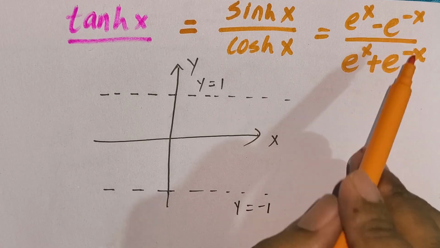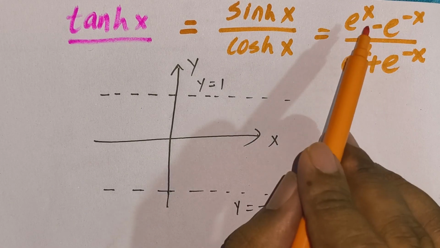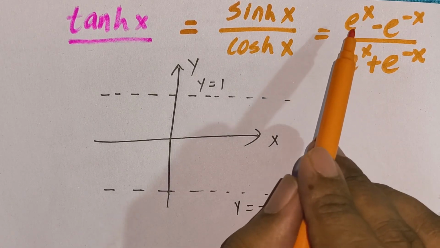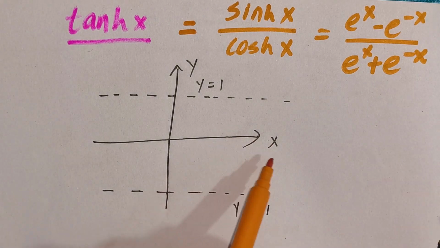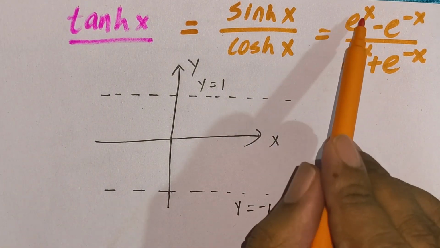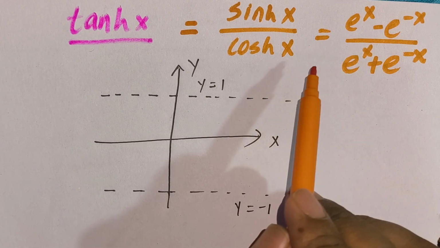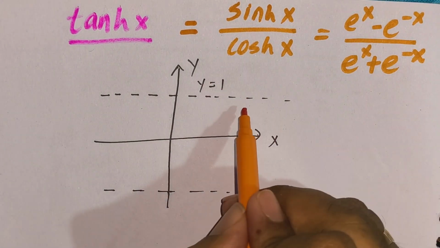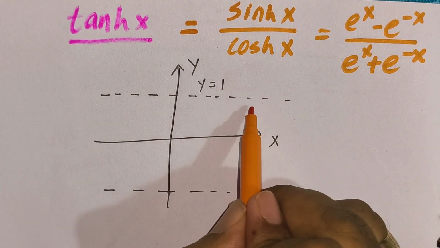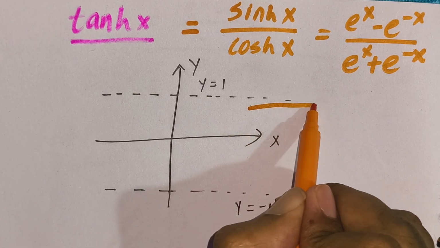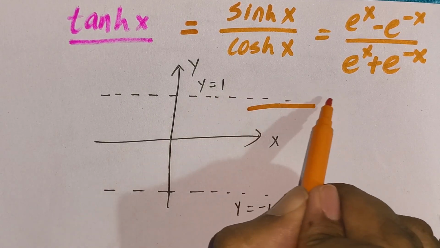So this quantity is very small, and these are very large quantities. So for large x, this quantity will dominate, and since they are the same, their ratio will go to 1. So at large x, this value will approach y equals 1.